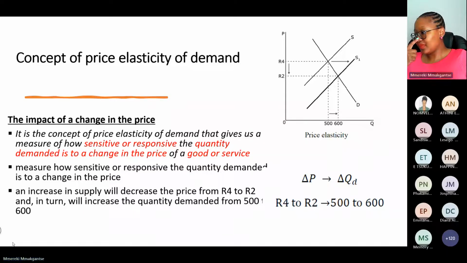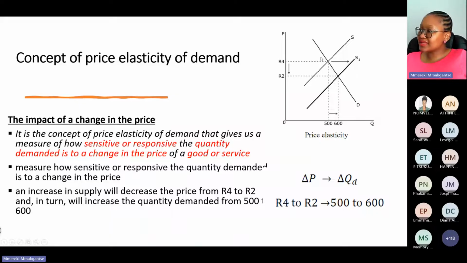An increase in supply will decrease the price. Looking at our graph here on the right, we see the price was 4 rand and then it went down to 2 rand, leading to an increase in supply.